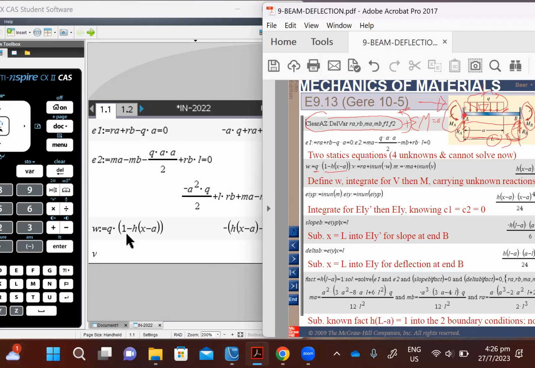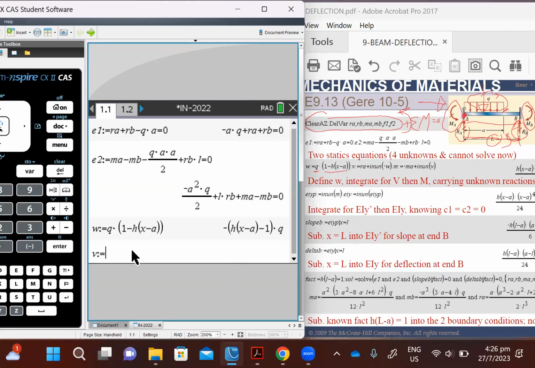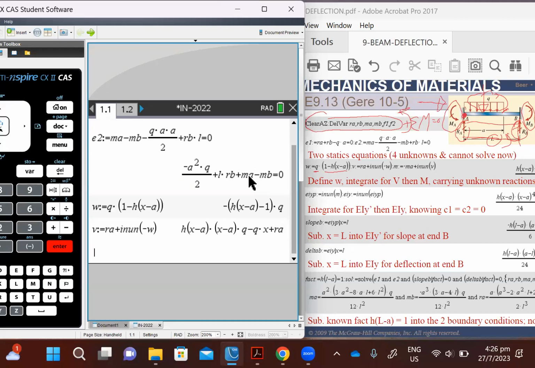So V has to be equal to its initial value, which is R sub A, it's an unknown, but that's quite fine, plus the integral, which you can use my program to perform because now you're integrating some step function. So don't forget it's minus W that we integrate. That's V, it involves a step function.